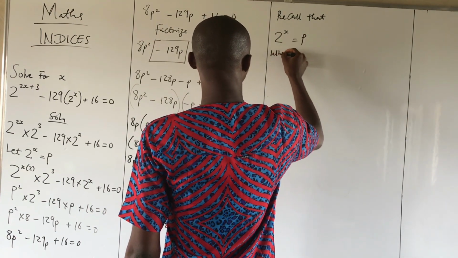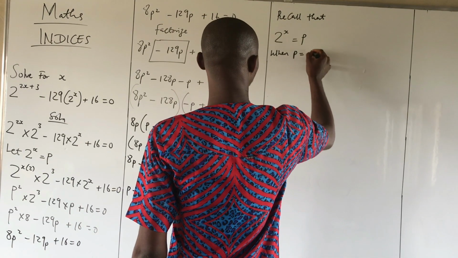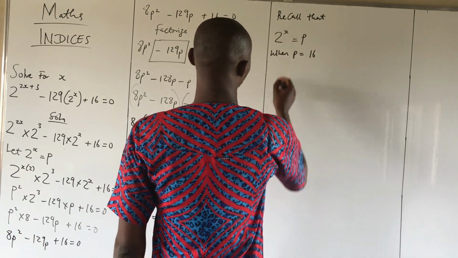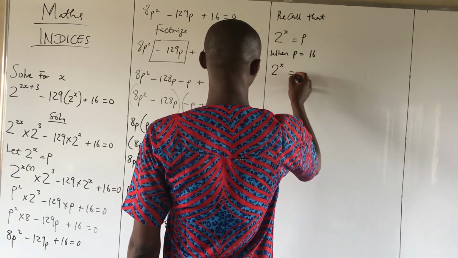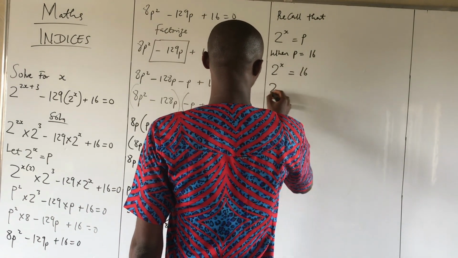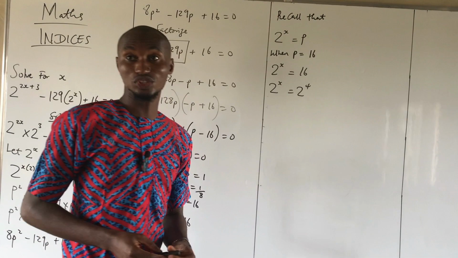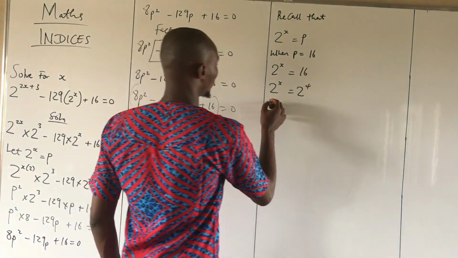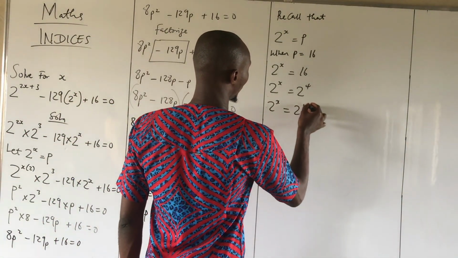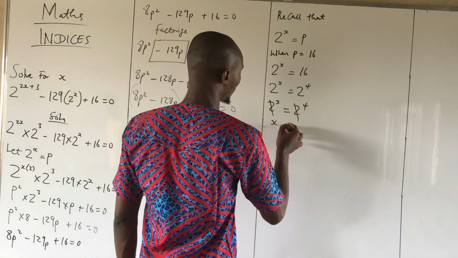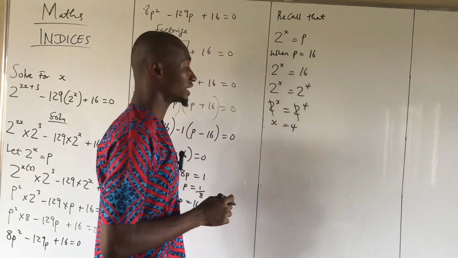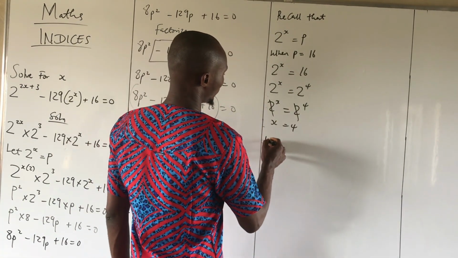When p equals 16, let me start with 16. That means 2 raised power x equals 16. 2 raised power x is equal to 2 raised power 4, because 2 raised power 4 is 16, right? So 2 cancels 2, and x is equal to 4. Do you understand?